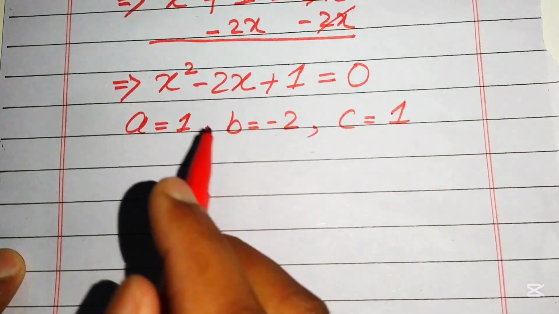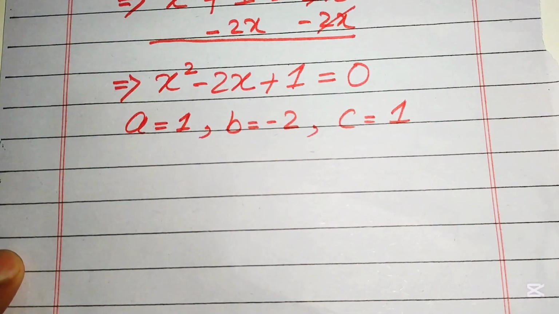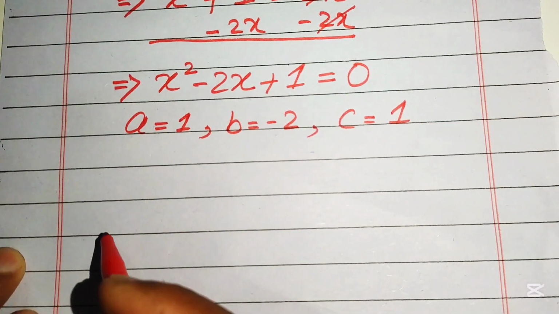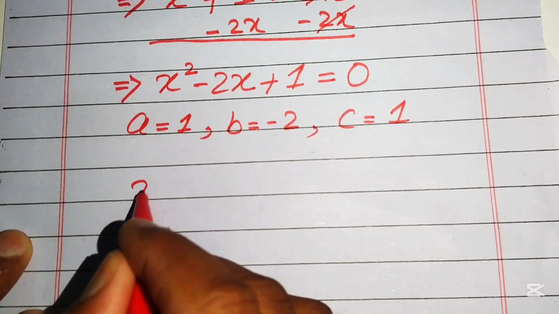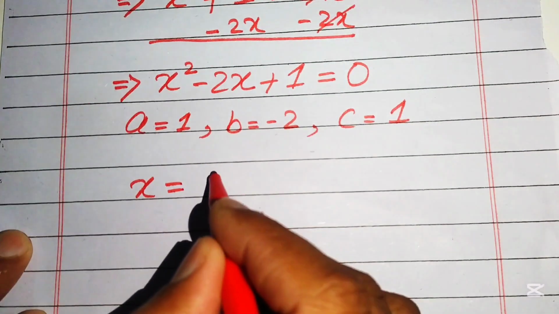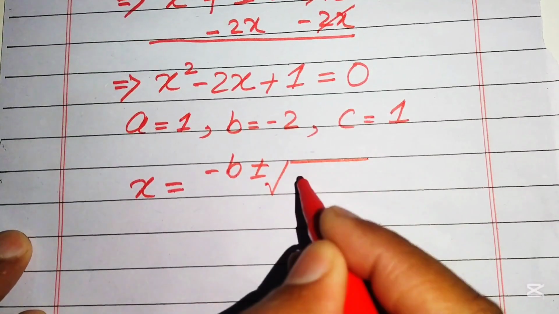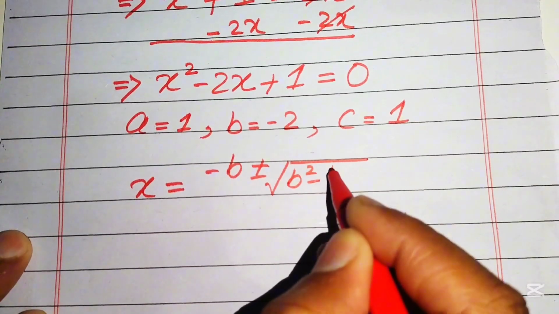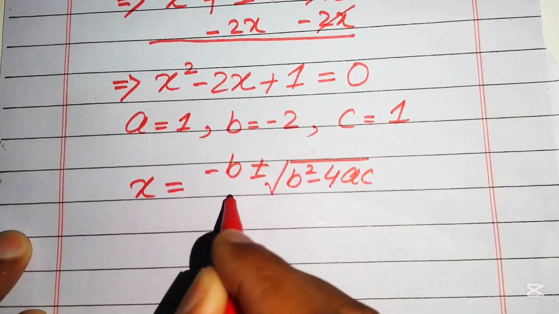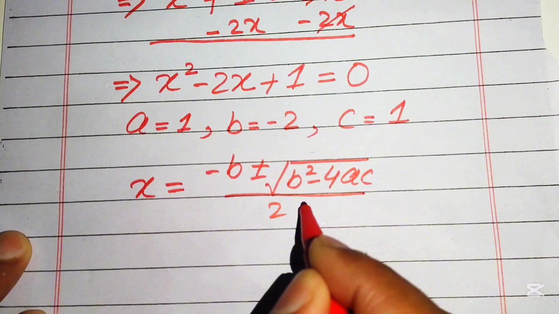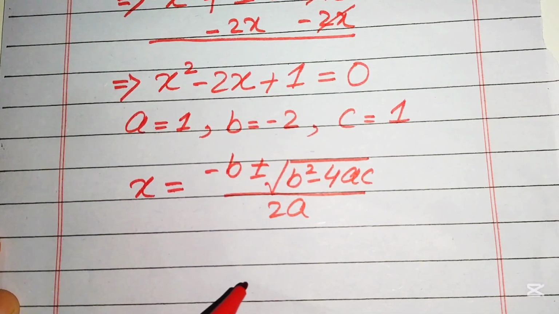The quadratic formula is stated as x equals minus b plus minus square root of b square minus 4ac, divided by 2a.